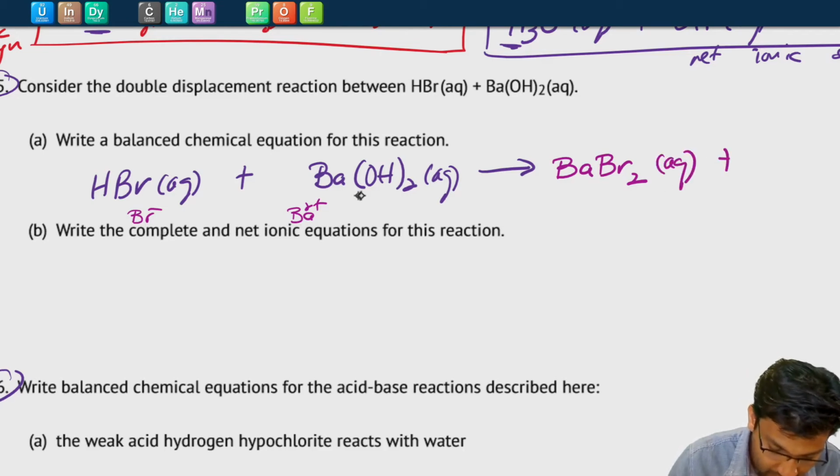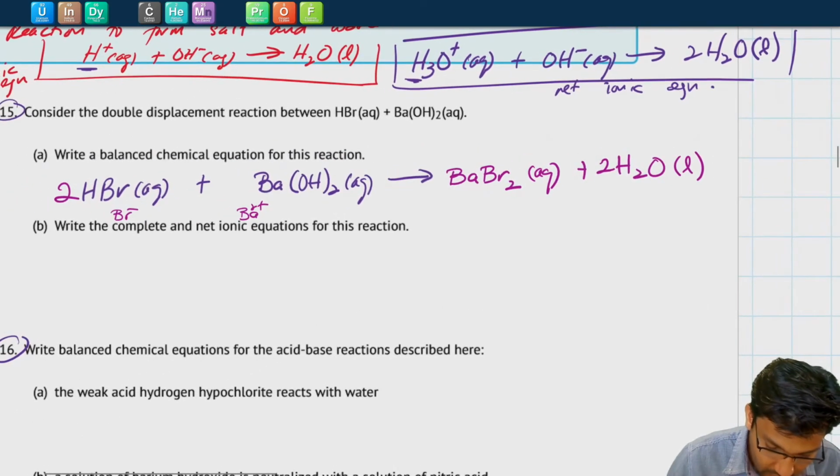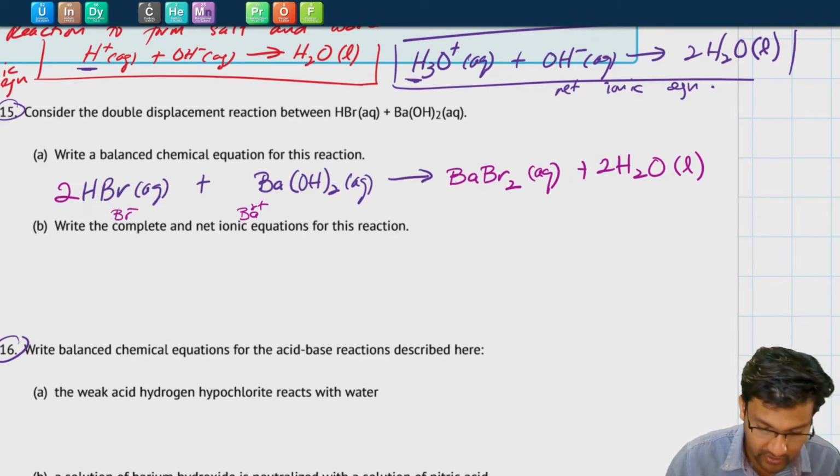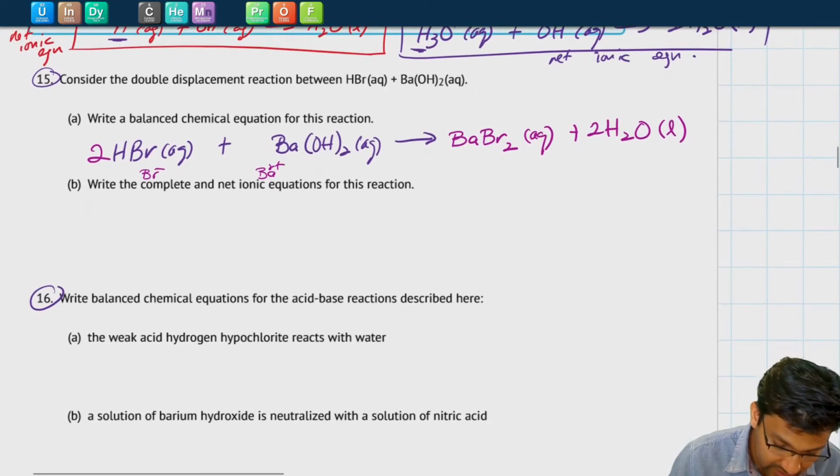And then here we have two OH- and H+. We need two of them to form 2 H2O liquid. So I multiply the HBr by 2 on the left, and that ends up balancing the equation completely. Okay, so that's our balanced chemical equation for this reaction.